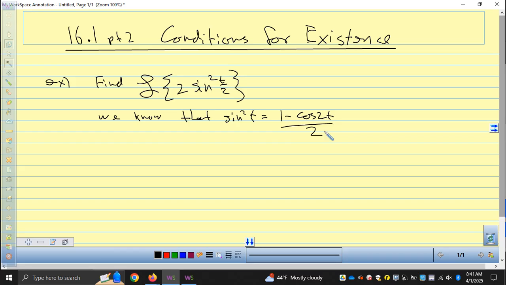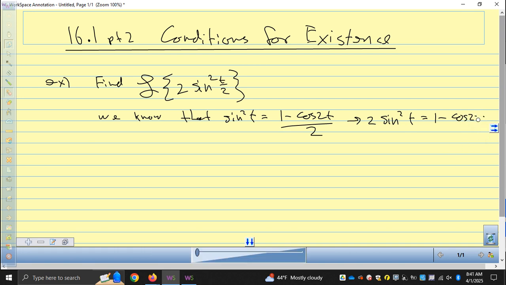Power reducing formula, double angle formula, somehow we come up with this identity. So this tells us that 2 sine squared of t equals 1 minus cosine 2t.